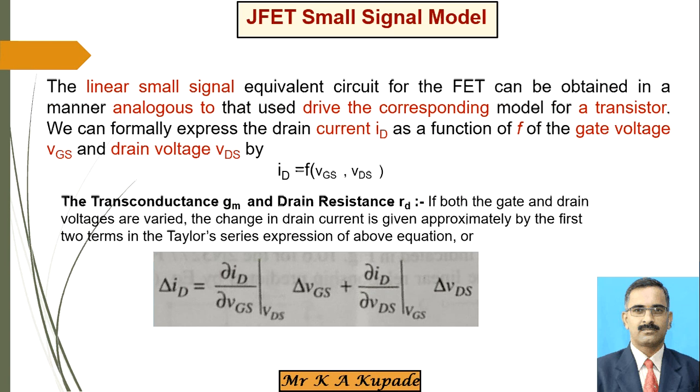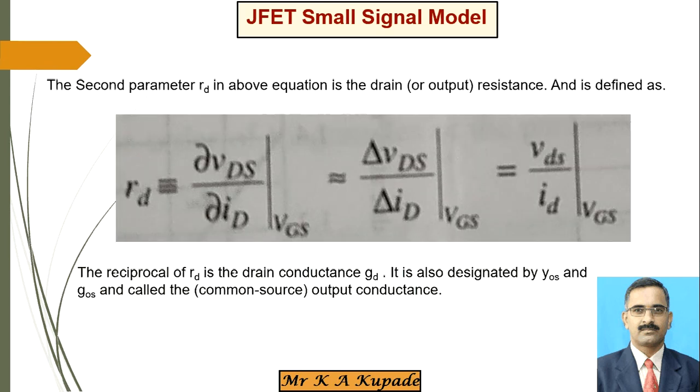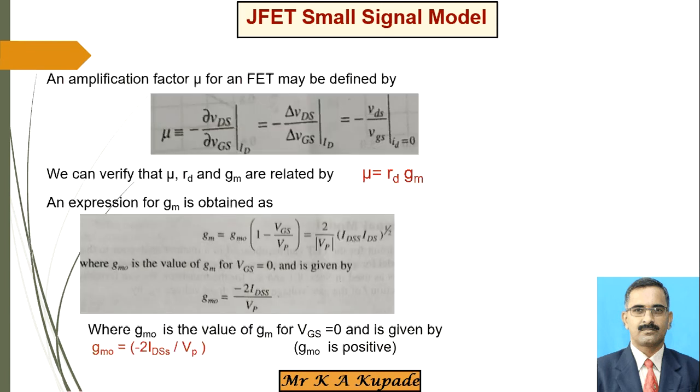By considering that, we calculated the transconductance gm and the drain resistance rd, given in these equations. Using both, we calculated the amplification factor mu, defined in this equation, which is related to rd and gm.